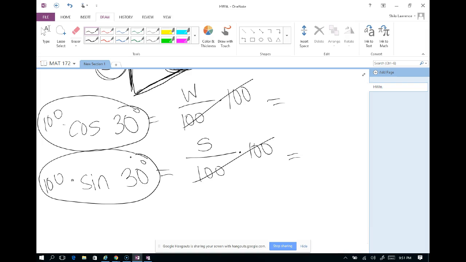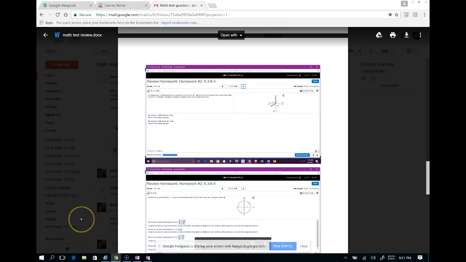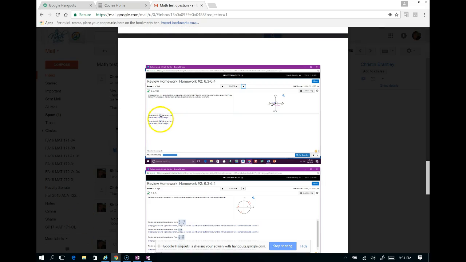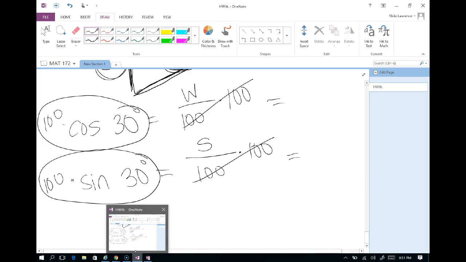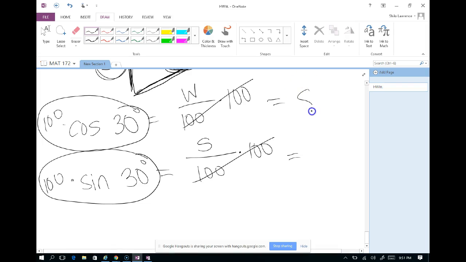If you look back on the answer sheet, it asks for two answers. The airplane is blank kilometers west, round to the nearest integer. And the airplane is blank kilometers south, round to the nearest integer. So all I have to do is type these into my calculator. 100 cosine of 30 is 86.6, but we're going to round it to the nearest whole number, so 87.